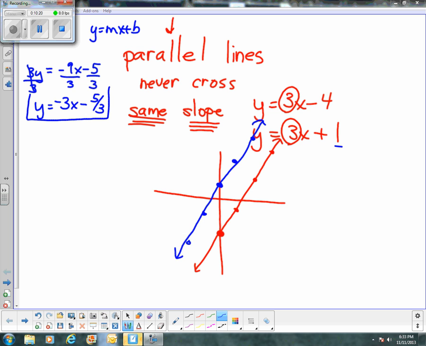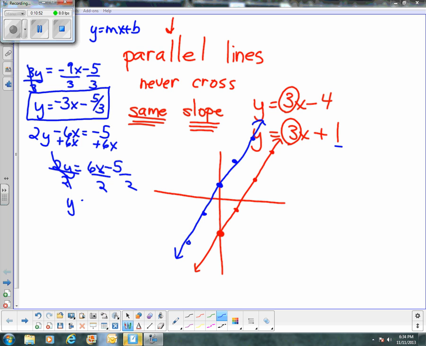There's one equation. The next one, 2y minus 6x equals negative 5. We're going to add 6x to both sides. 2y equals 6x minus 5. Divide by 2. y equals 3x minus 5 halves.